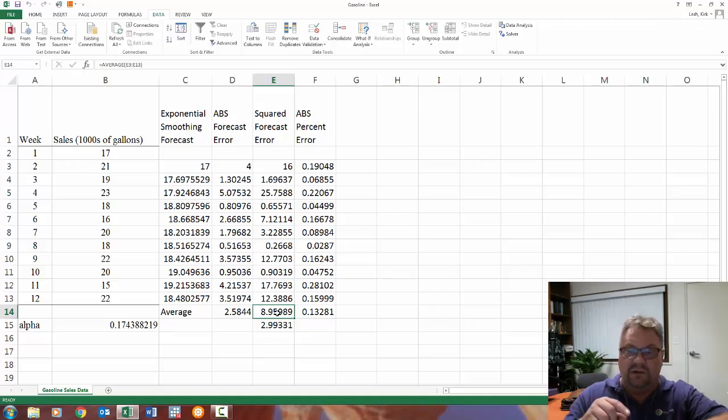In other words, did it just randomly fluctuate about a mean? And the reason this is important is that what you're trying to do with exponential smoothing and that average technique is just find out what that mean is, because that mean is going to be your best forecast for the next period.